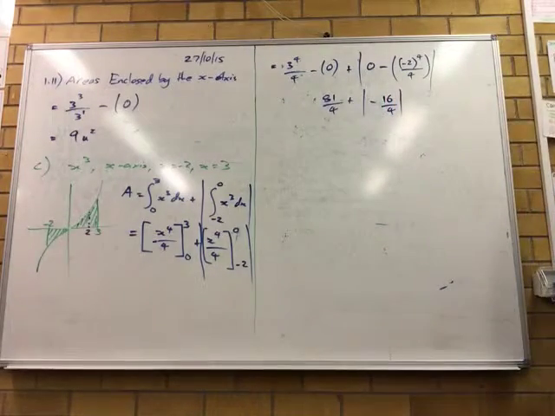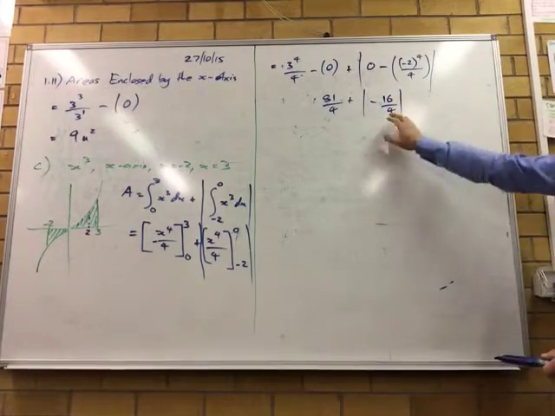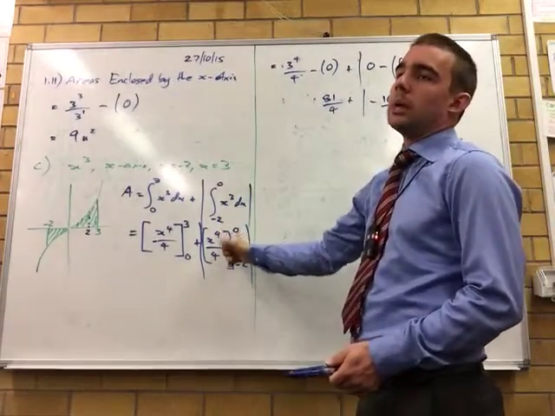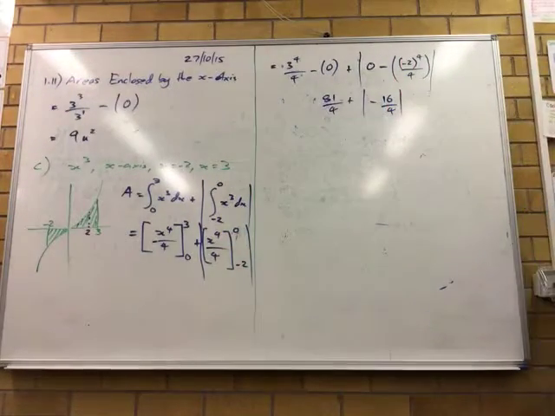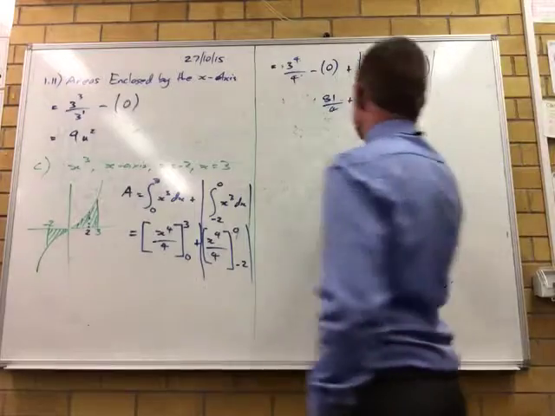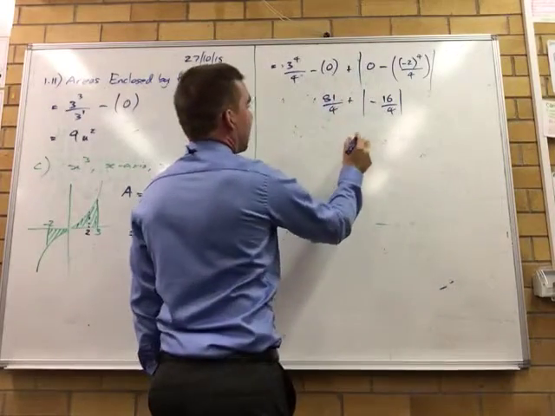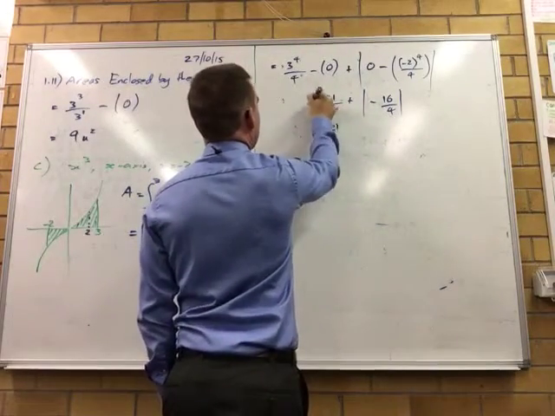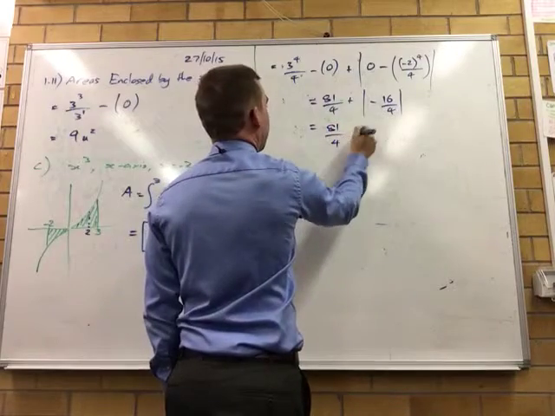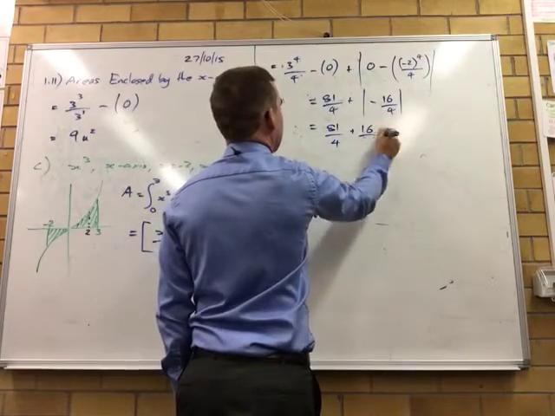And that's why we need to take the absolute value, because if we just did the integral, we would get a negative answer. So it'll be 81 on 4 plus 16 on 4.